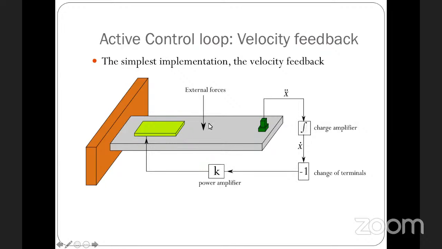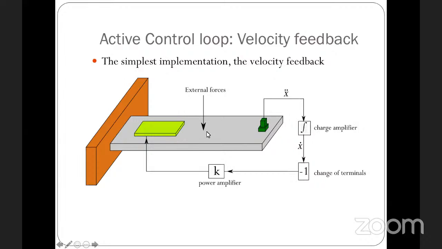In active vibration control you sense the response of the beam caused by the external force, and then apply a control law which takes the output and modifies it such that you can apply a counter force which will counter the original force.